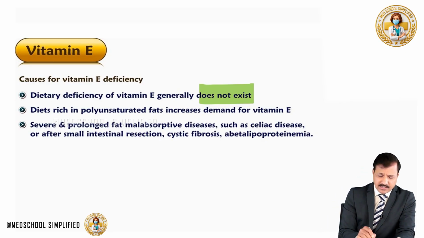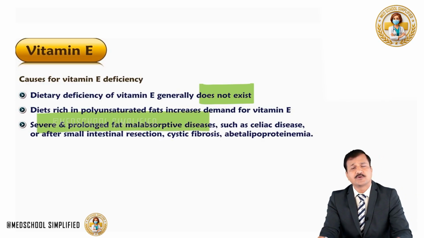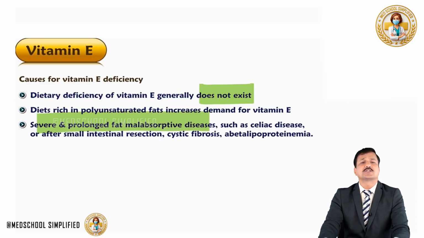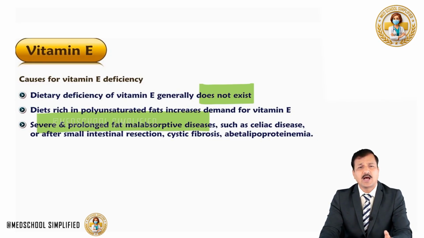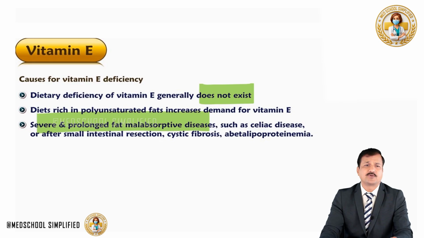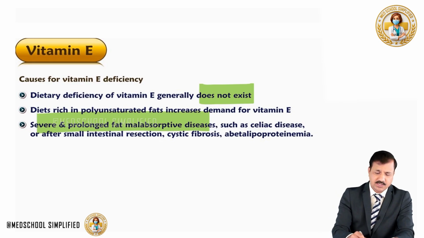And other than this, severe and prolonged fat malabsorptive disorders are a cause for vitamin E deficiency. So whenever a person goes into vitamin E deficiency, most likely it is because that person may have fat malabsorptive disorders. What are the fat malabsorptive disorders that we know?